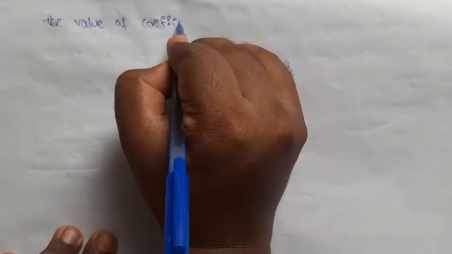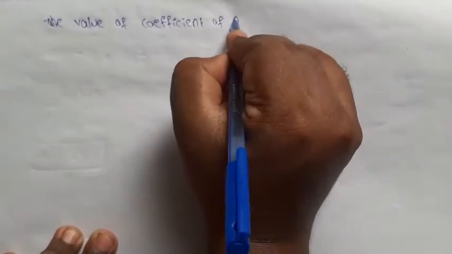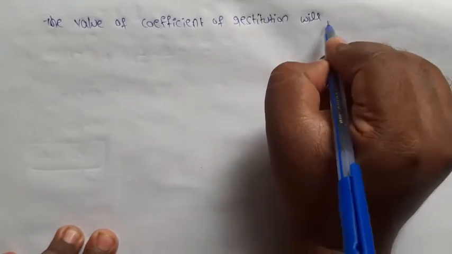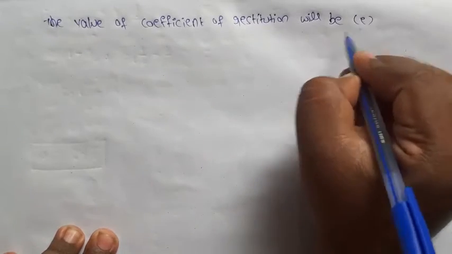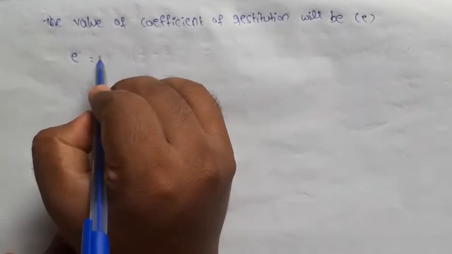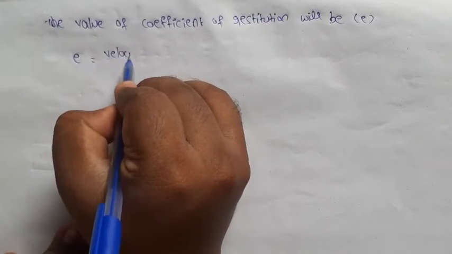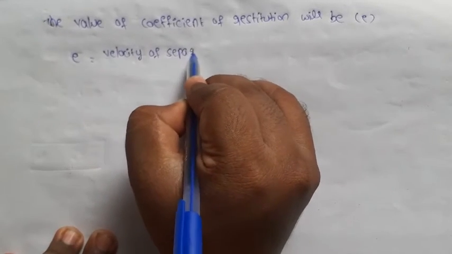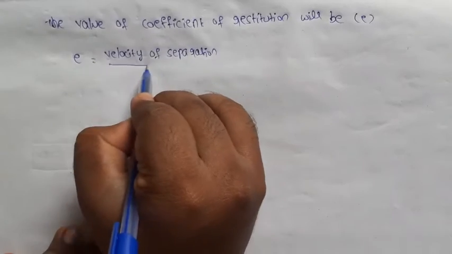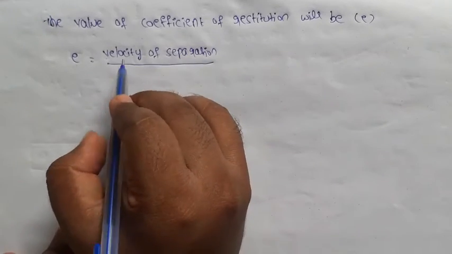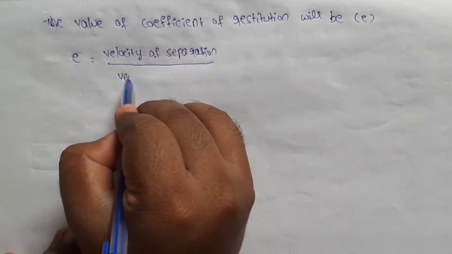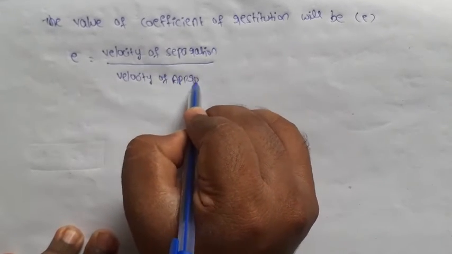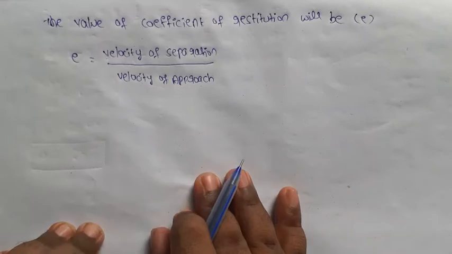What is the formula for e? e equals the velocity of separation, which is after the collision, divided by the velocity of approach, which is before the collision.